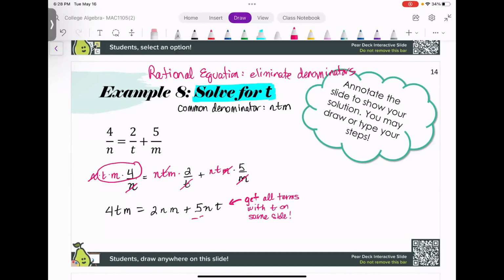I'll subtract 5nt from both sides of the equal sign. If you had subtracted 4tm from both sides of the equal sign, you would wind up with 0 on the left. Not the end of the world, but then you'd have to subtract that other term away, and so it'd create an extra step.